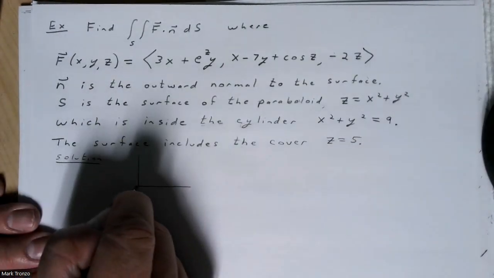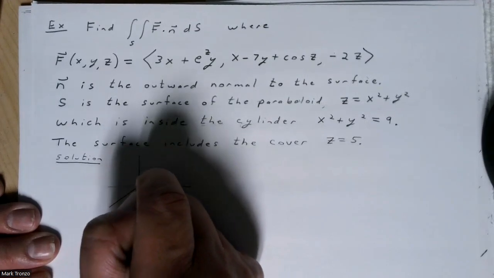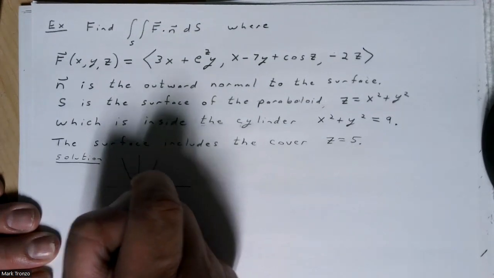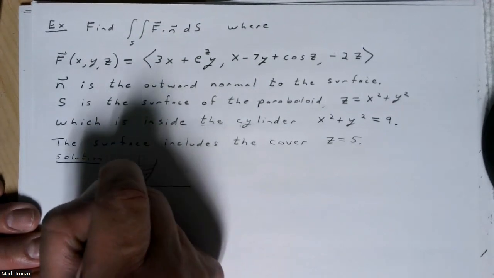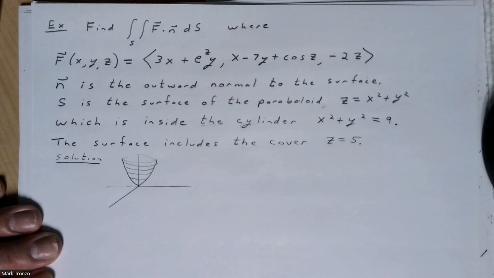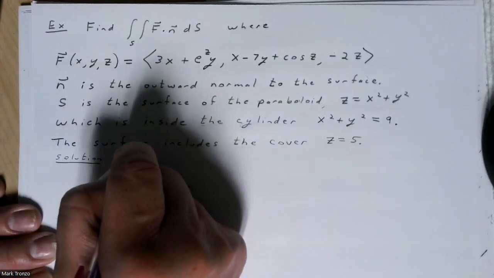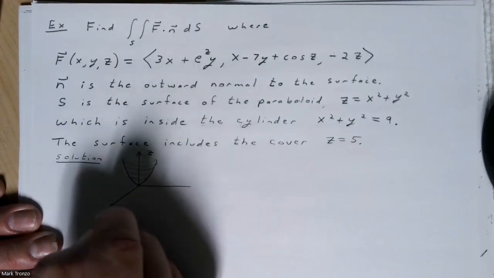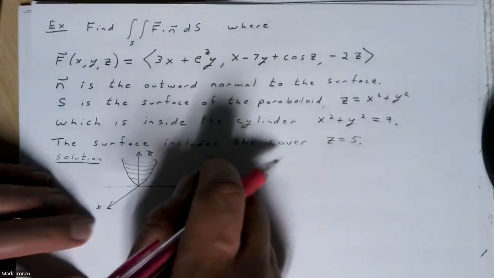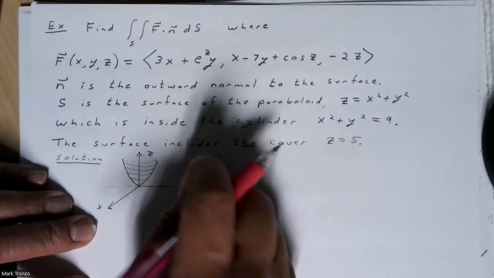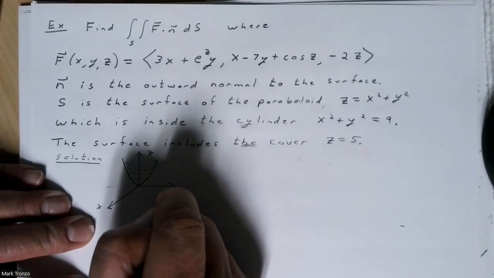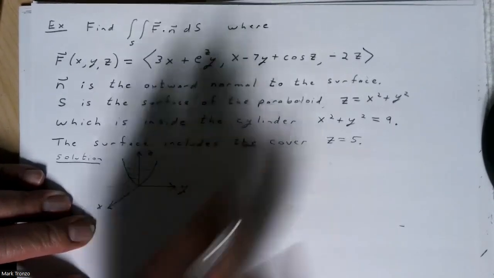So we'll have, say, this paraboloid, like this. Z, X, Y like this.